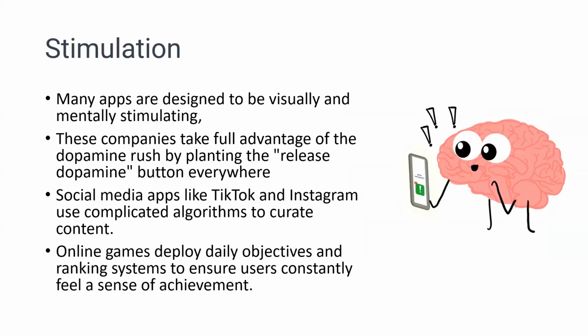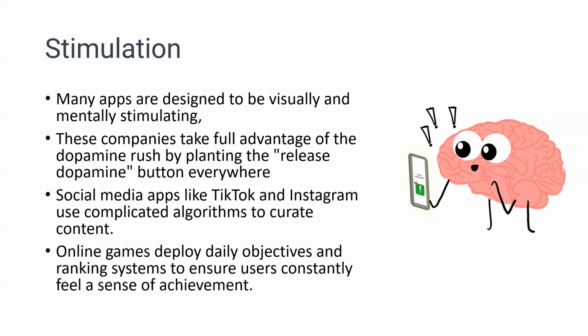Lastly, there's this thing called stimulation, which companies take great advantage of. Just like I mentioned in the human perspective, where I gave the metaphor of a button that releases dopamine, many apps are designed to be visually and mentally stimulating. They're essentially placing buttons all around the apps.